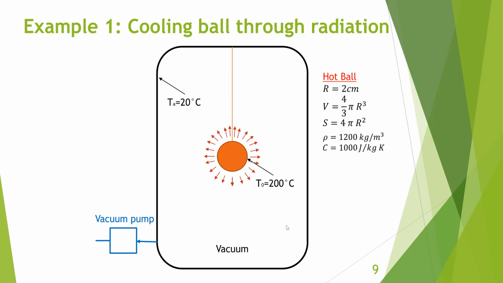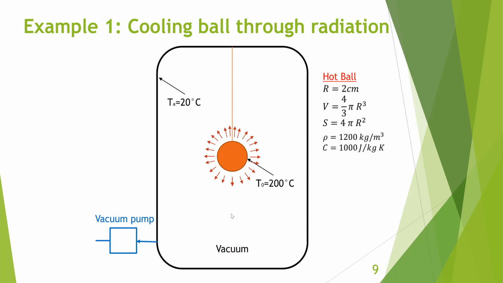The first example is a metallic sphere, a ball heated to 2000 Celsius using a resistor. You close the resistor and increase the temperature, and you run the vacuum pump to create a certain vacuum.